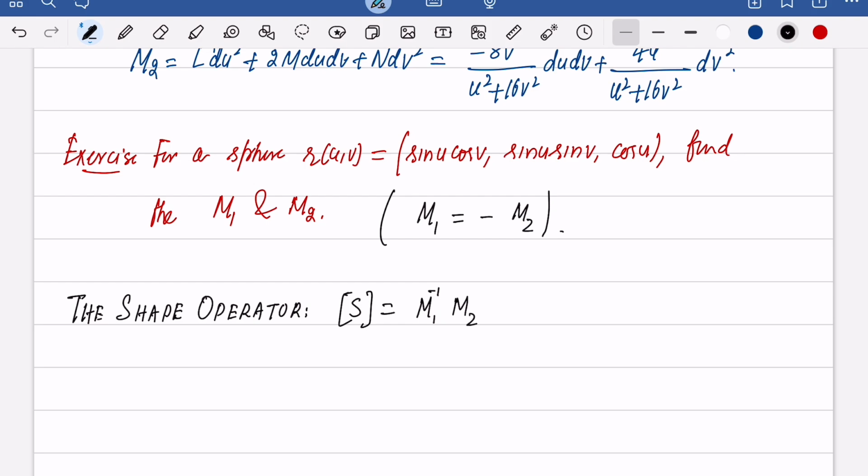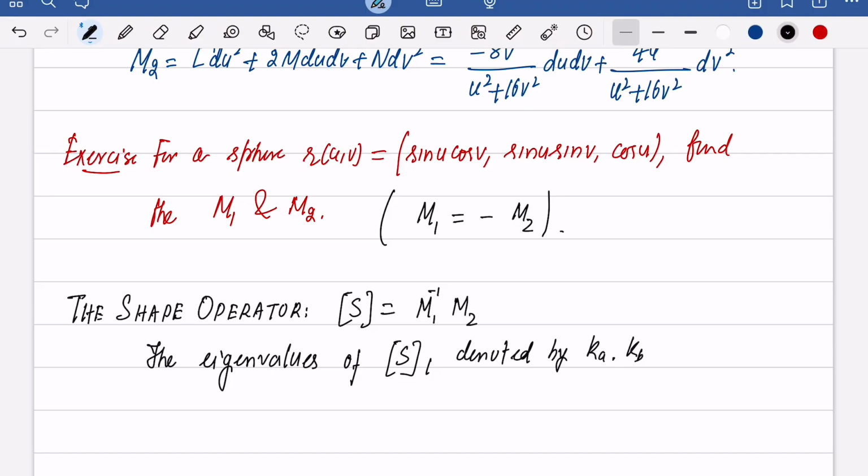Now, as we have already discussed previously, this matrix M1 is a positive definite quadratic form, so it is always invertible. Therefore, we can find M1 inverse into M2, and this operator is called the shape operator. The eigenvalues of this operator have nice names. The eigenvalues of S, which are denoted by Ka, Kb, are known as principal curvatures.